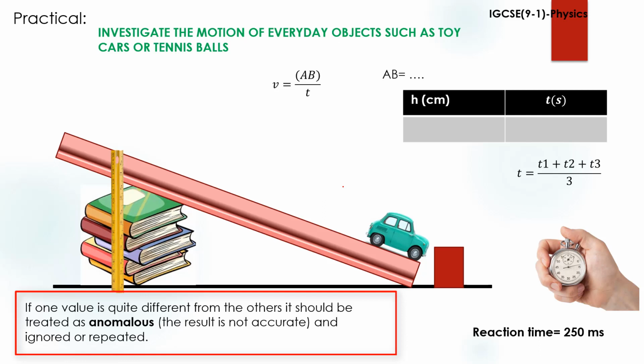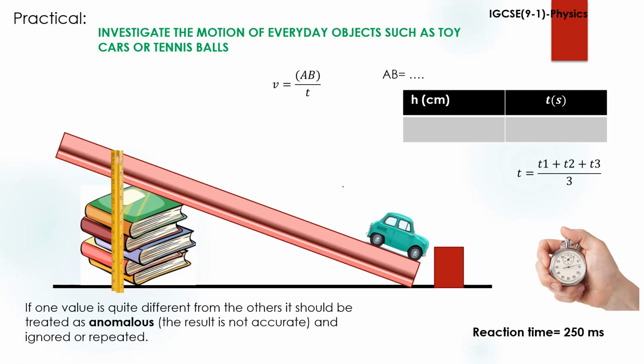If one value or two values have moved, if it is deviated away, if it is different from the current pattern, then we have to consider that as anomalous. Those are removed from the calculations. Right. Now we'll do the same experiment using light gate.